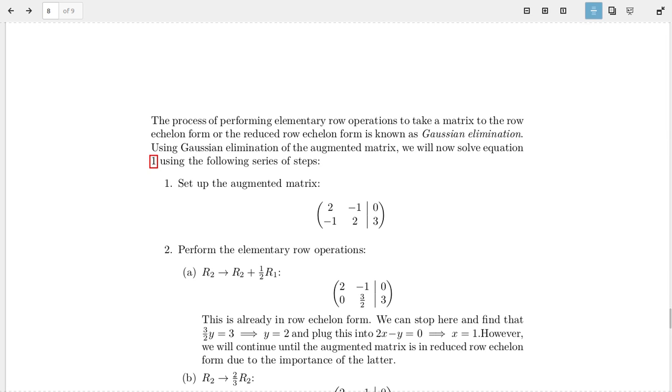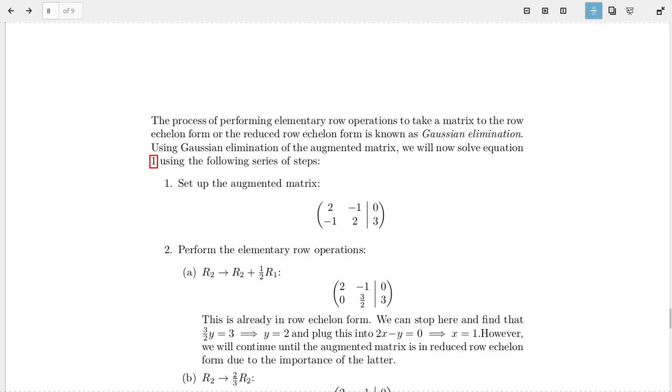So here what I've done is I've only taken it to row echelon form. I haven't taken it down to reduced row echelon form. I'll add the steps to take it down to reduced row echelon form later. So what I've done here, okay, so this is the augmented matrix, right?